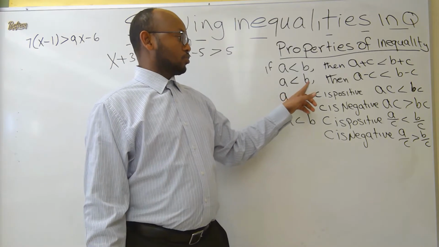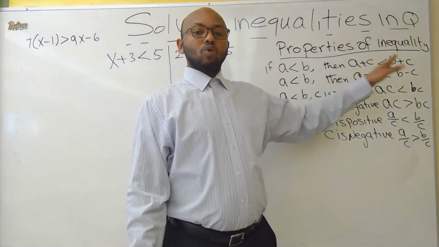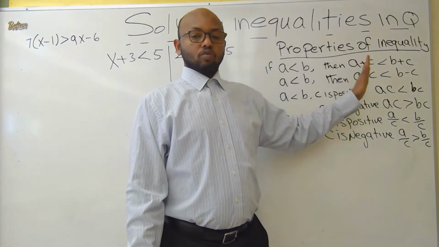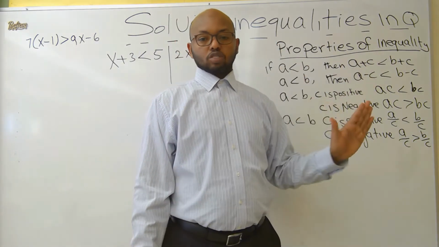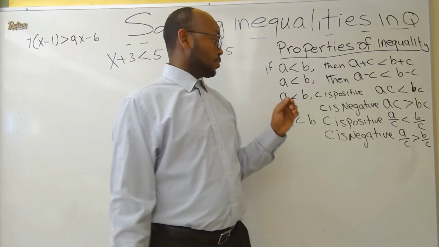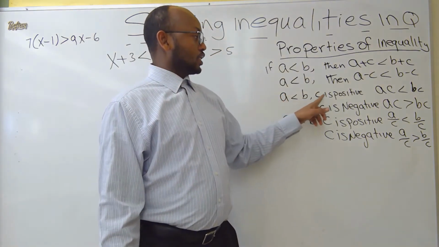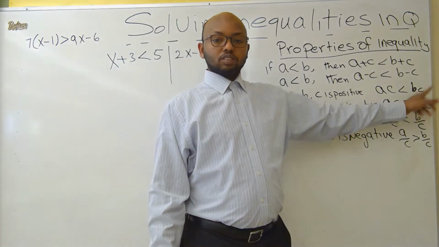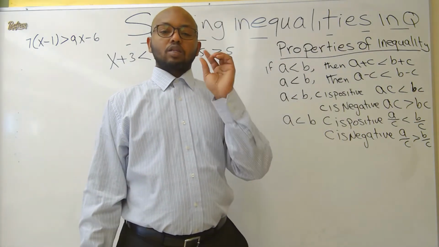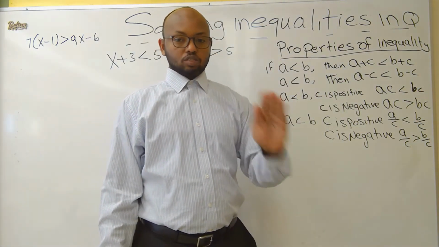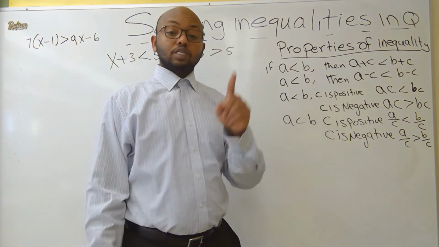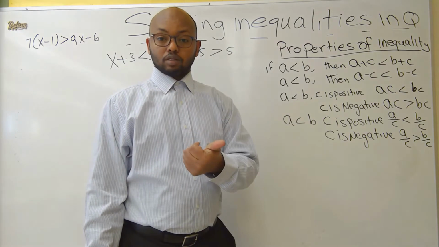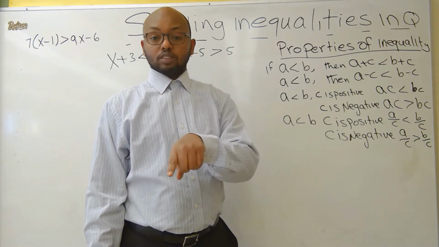If a is less than b, then I subtract one number from both sides, the less than sign still stays. It doesn't change whether it's less than or greater than. If c is positive and I multiply both sides, the sign of less than doesn't change. But if c becomes negative, the less than changes to greater than, and the greater than changes to less than.